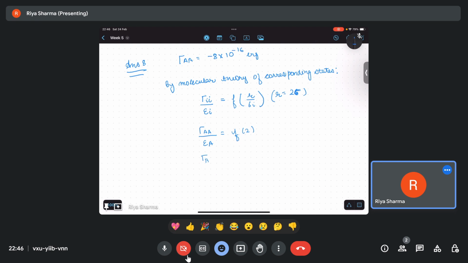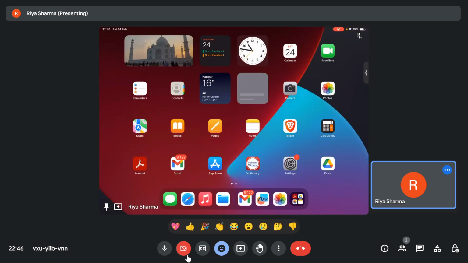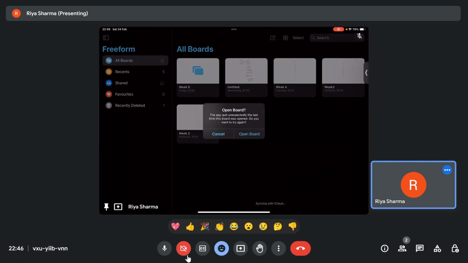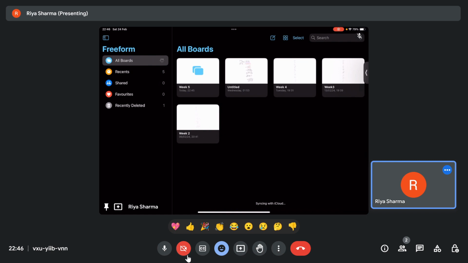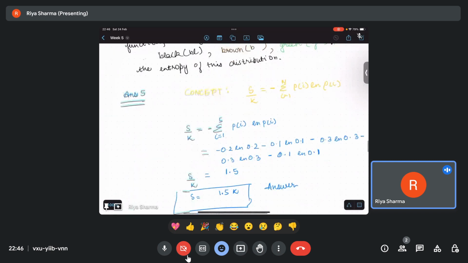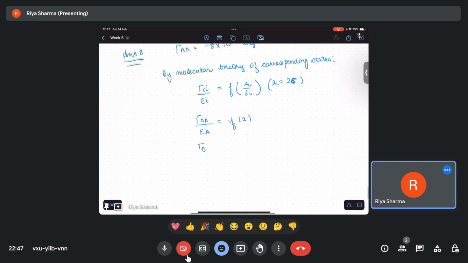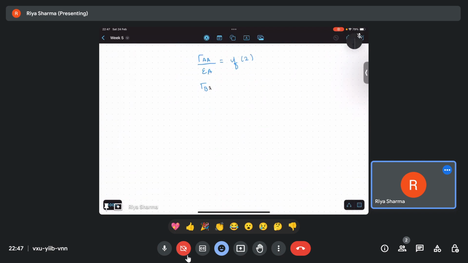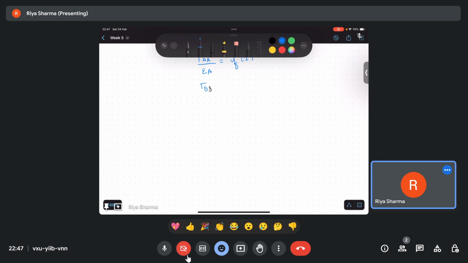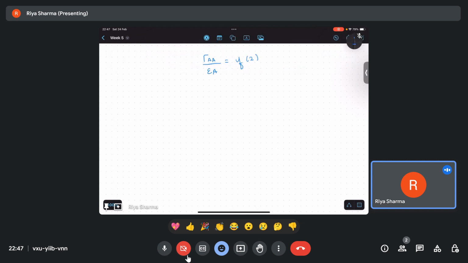Now, doing exactly the same, the potential energy of BB by epsilon B is equal to a function of 2.